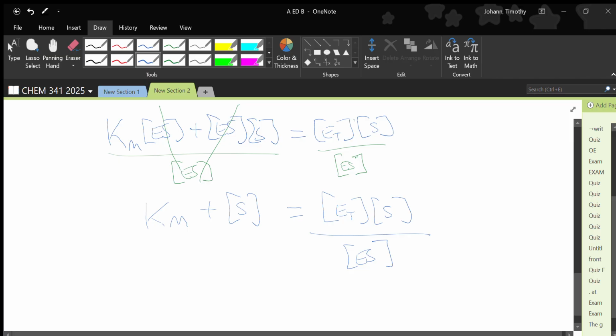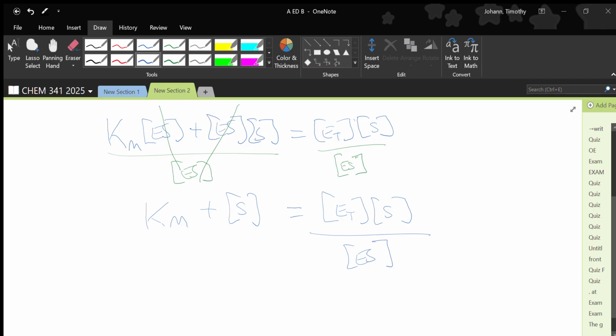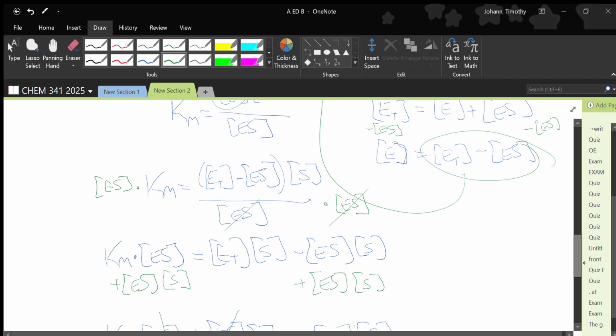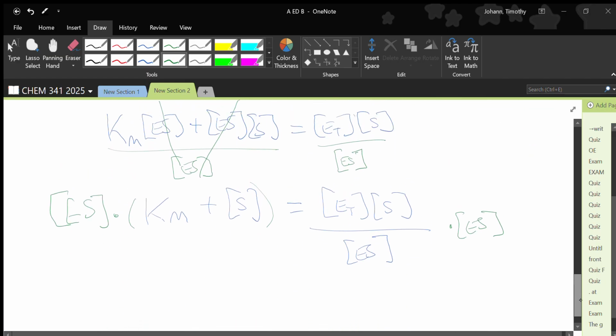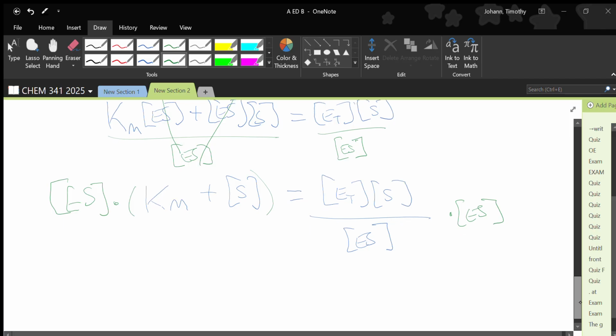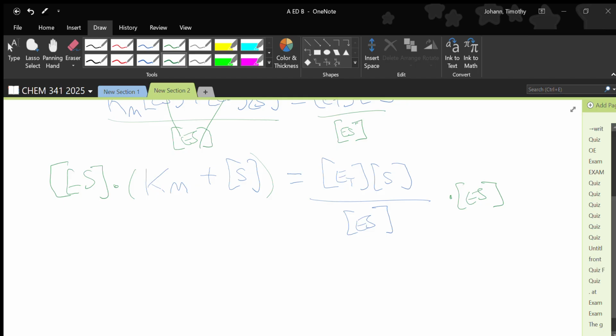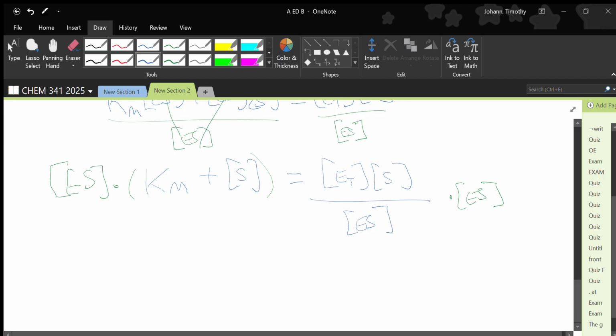And now I'm going to multiply by enzyme substrate. Actually, I'm going to swap these two, but I'll do it in two steps. So I'm going to multiply this times enzyme substrate and this times enzyme substrate. Did I just do it twice? Yeah, I wanted to get rid of it. I didn't need to do that. But anyway, we're going to stay here. So I did it and I undid it. It'll be okay. So now I'm back to where I have this.